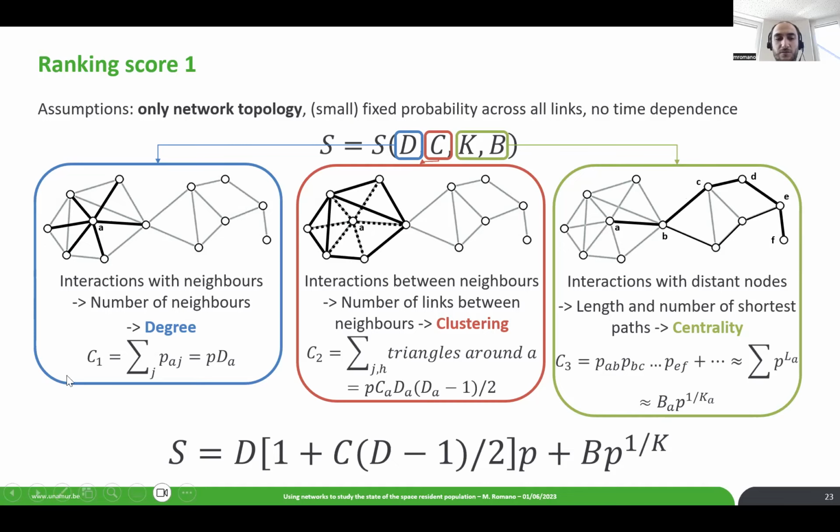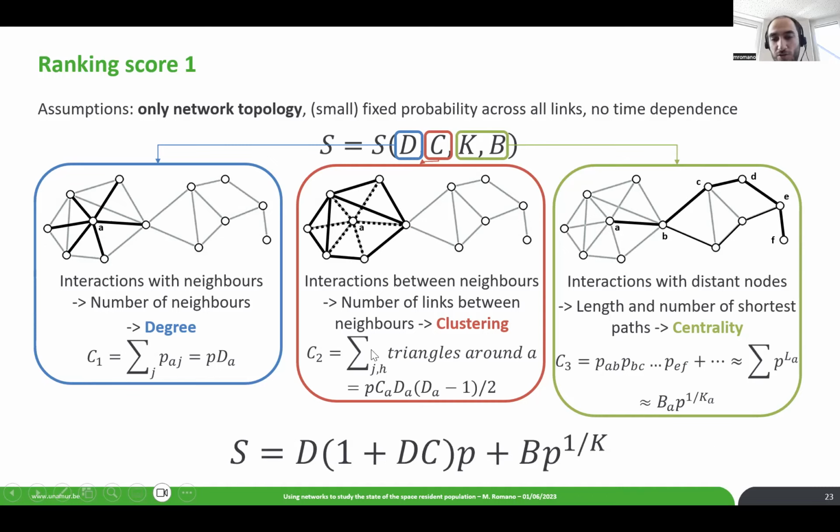And so we can sum all these contributions that highlight the various properties of the same network that we were studying. Here I just made a simple simplification to obtain something more elegant, nicer to look at. But here we have an expression that combines the properties that can be obtained by looking simply at the topology of the network, and actually represents some sort of probability of collisions, direct or indirect, inside the network.